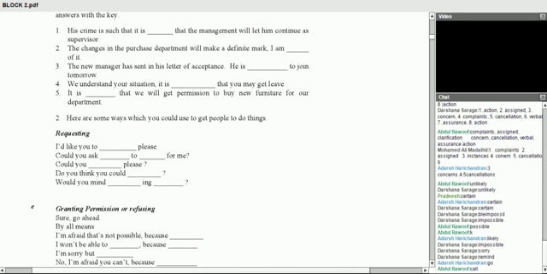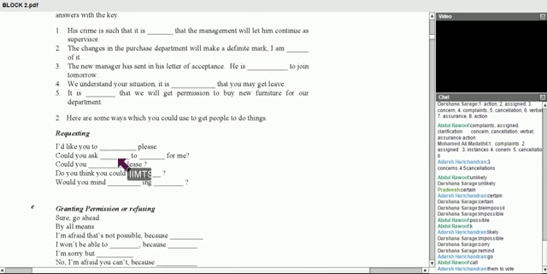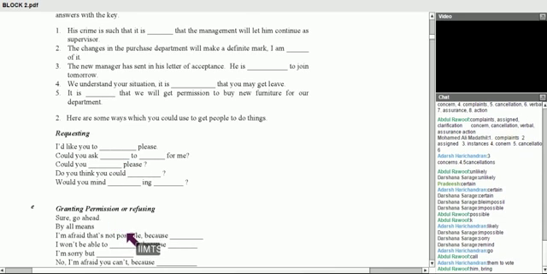Could you ask dash to dash me, dash for me? Come on, do this one. Just put in the appropriate word.